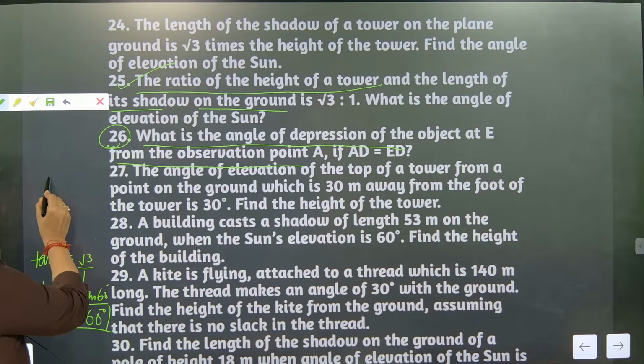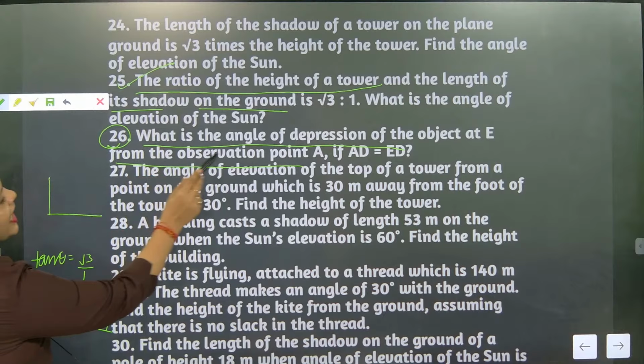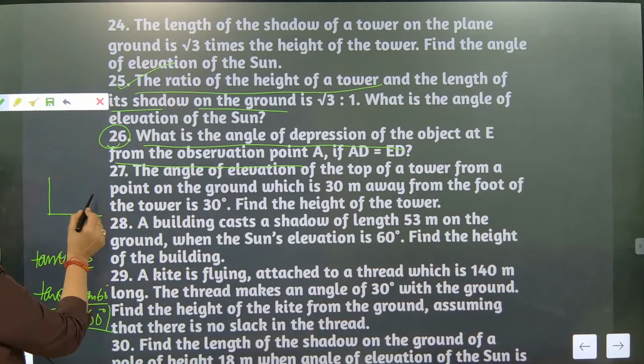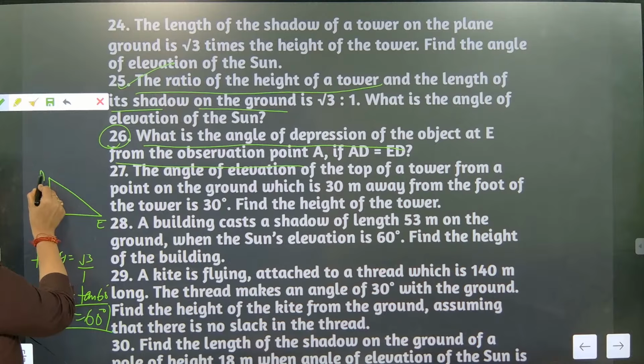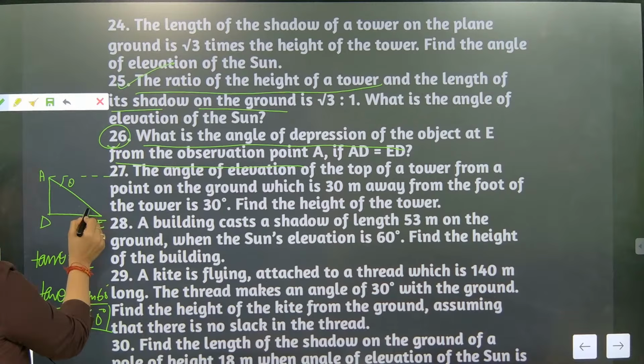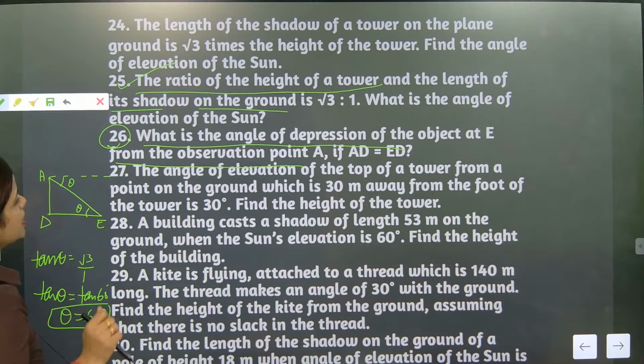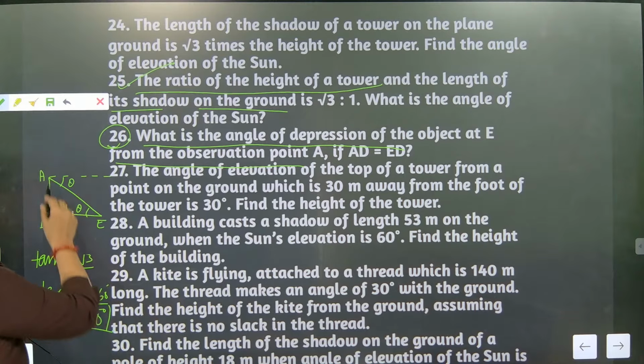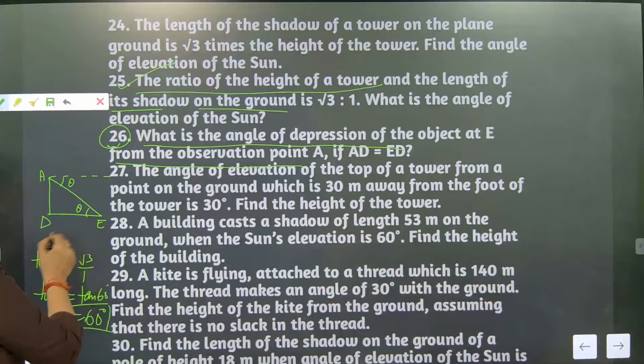So A is here, beta. Observation point is A. This might be D. This is theta and this is theta. So if AD is equal to ED, what will the angle be? This is 1 and this is 1.